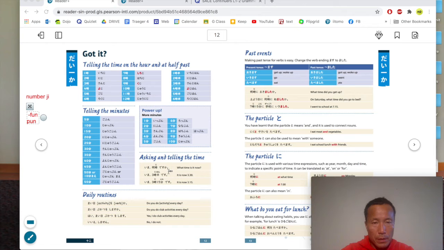Now let's get into the more grammar-like parts. Asking and telling the time. 今何時ですか? 3時半です. 3時15分です. So what time is it? 今何時ですか?